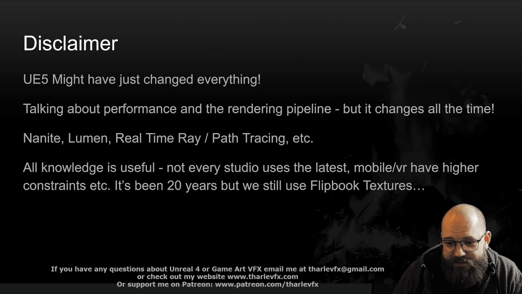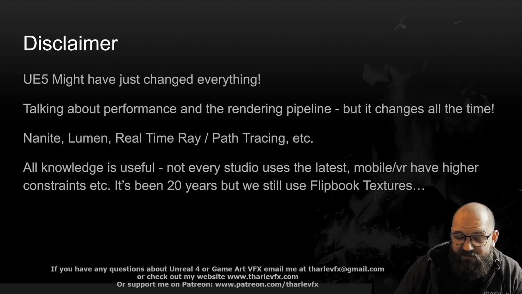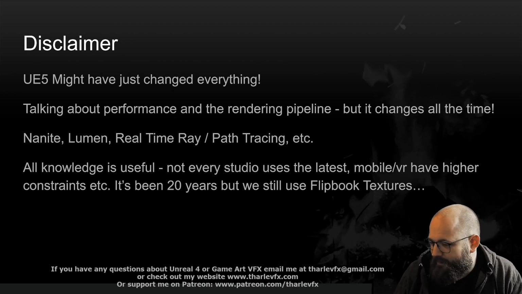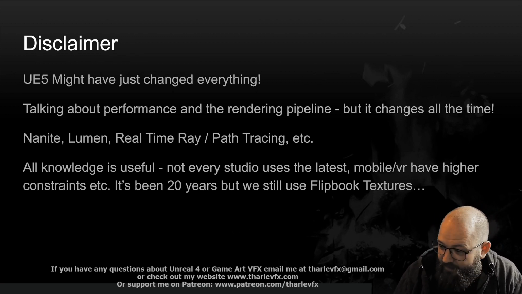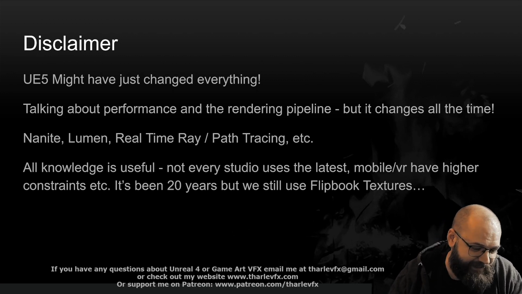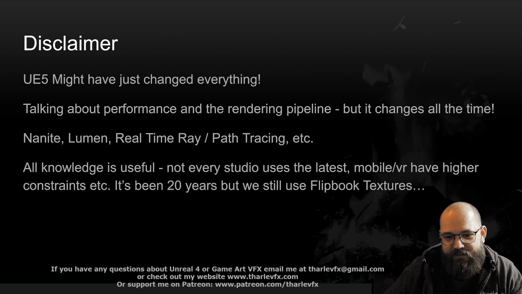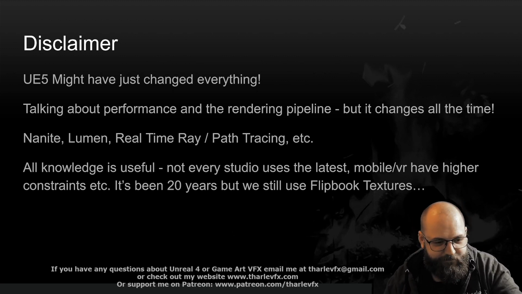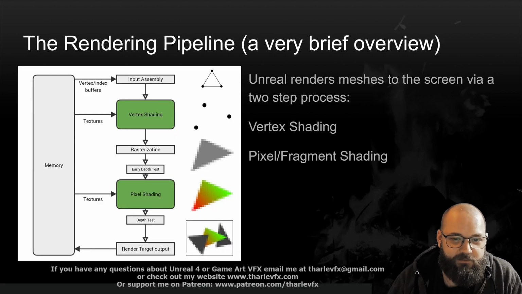As I say here, it's been 20 years, if not longer, we're still using flipbook textures. We probably still will. There's some really nice real-time fluids happening now, but realistically what you do with your real-time fluid a lot of the time is bake it down to a flipbook texture and use a flipbook texture. So yes, there's new technology coming out all the time, but it doesn't necessarily mean that we're going to be using it. But yeah, that said, so what are we looking at?